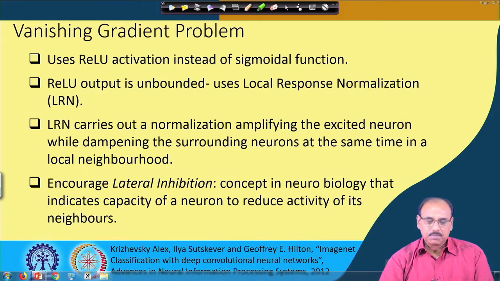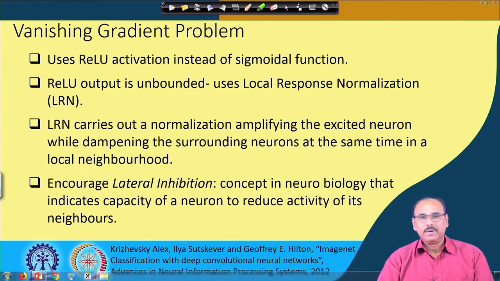So to avoid this problem, what AlexNet does is it tries to normalize the output through a process known as local response normalization. This LRN carries out a normalization operation by amplifying the excited neurons while dampening the surrounding neurons at the same time in a local neighborhood.